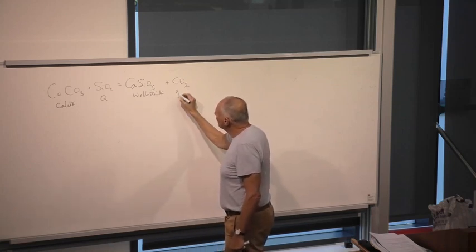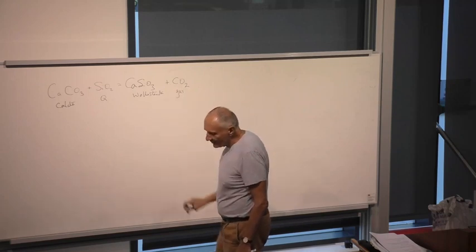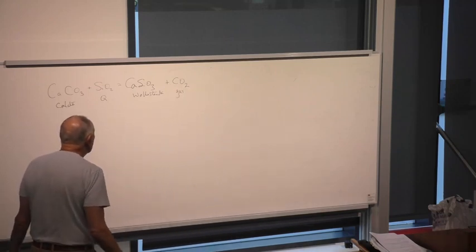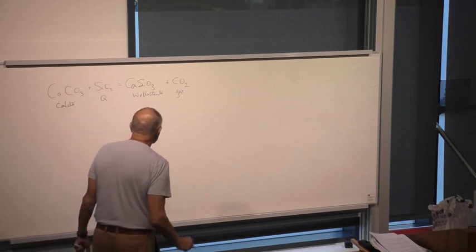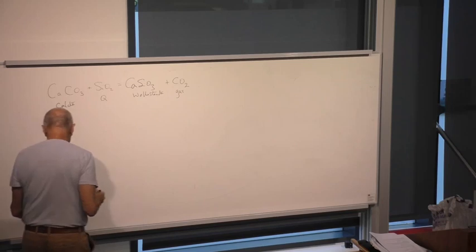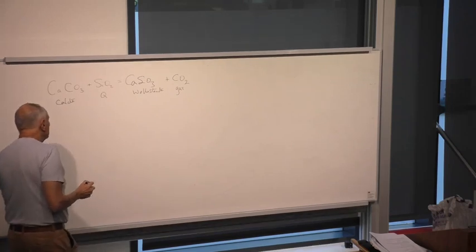And we talked about the equation of state of CO2 and calculated the fugacity of CO2. Let's consider a couple of possible standard states for CO2. Okay.